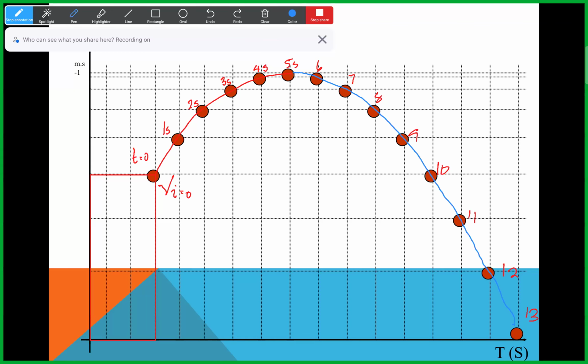Tell me anything about the initial velocity when an object is thrown up. At 5 seconds, the velocity will equal 0. Good. Okay, let's put that down. Your velocity is not 0 at t equals 0. Your velocity is 0 only at the highest point. We'll explain why just now.